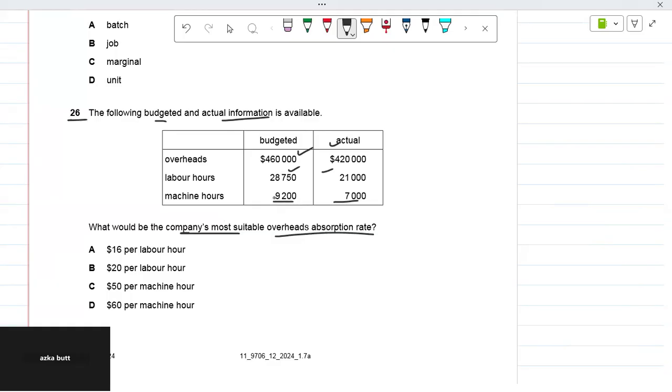As you can see, labor hours are huge in numbers, so that is why we will select the labor hours. The formula for overhead absorption rate is budgeted overheads divided by budgeted labor hours.